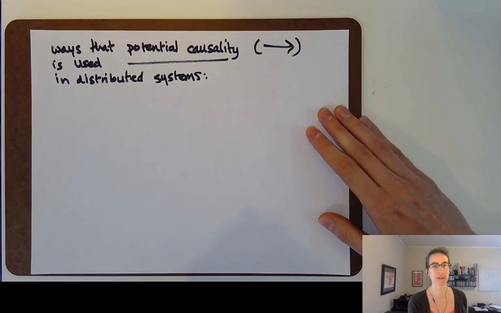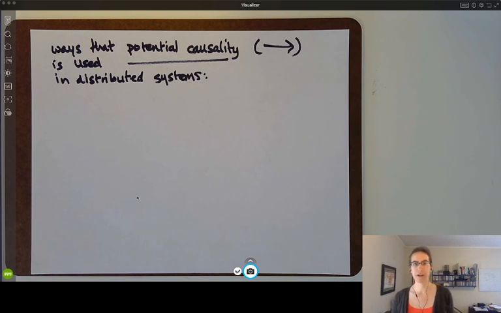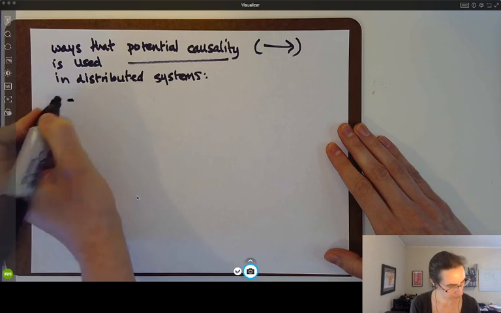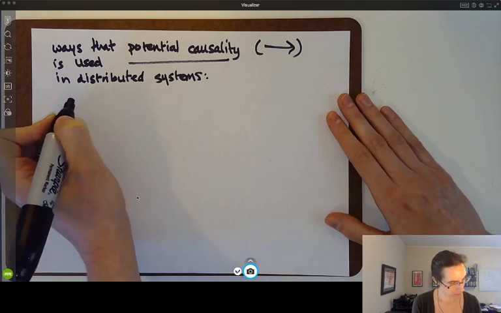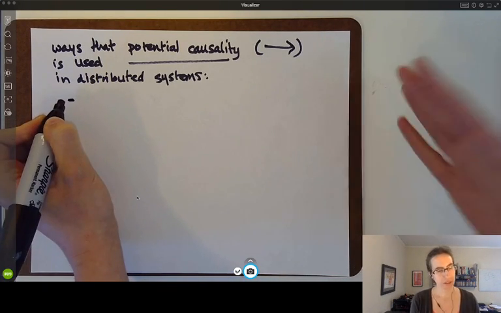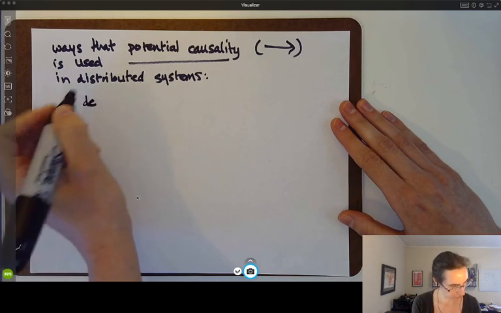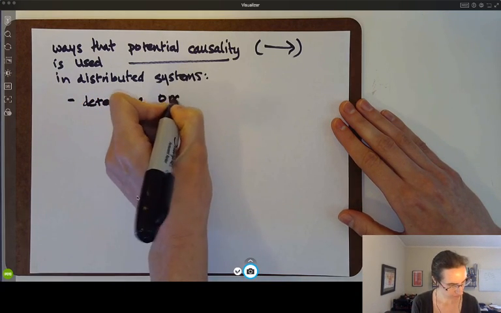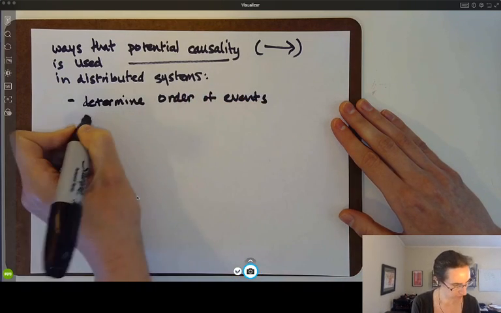So we just talked about two of them, right? We talked about how we can use vector clocks to assign vector clocks to events to determine the ordering of events after the fact, for debugging.